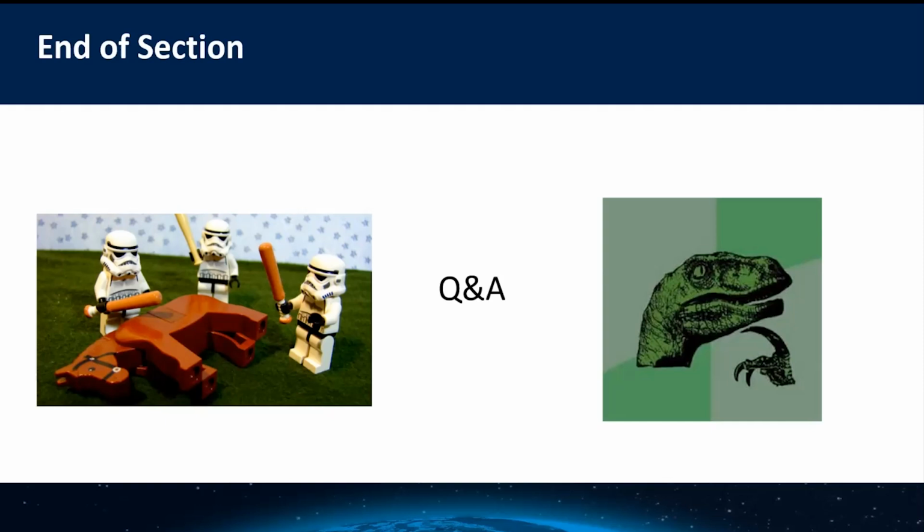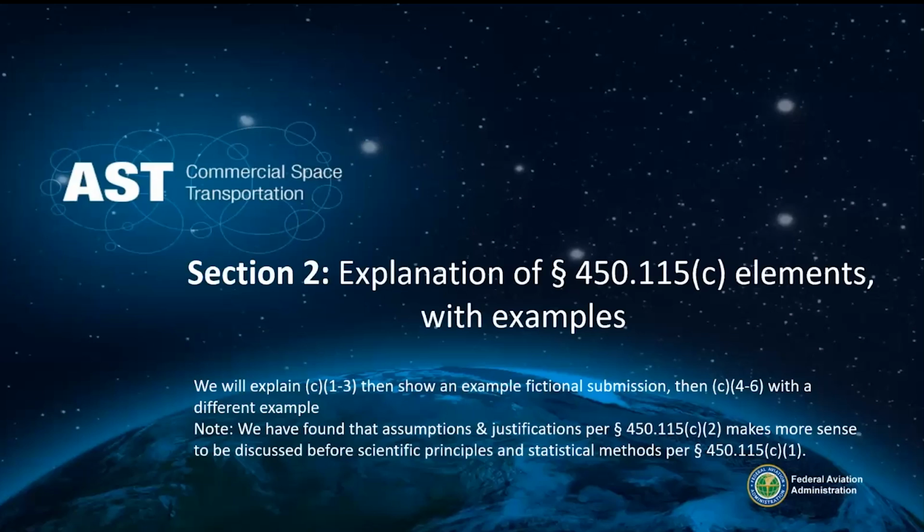Okay, let's move on because we do have a lot more material here. I think that would be helpful. All right, so we're going into section 2. In this section, we will provide further discussion of the 6 elements of 450.115C with some examples. We will discuss elements C1, 2, and 3, and then show an example based on a fictional submission of a submodel of 450.117.